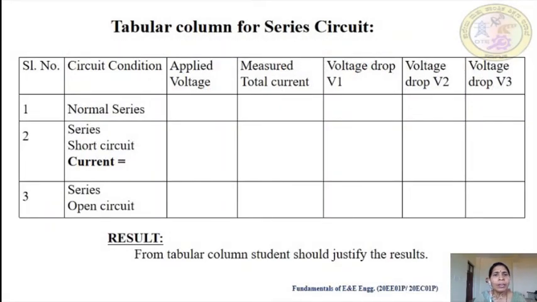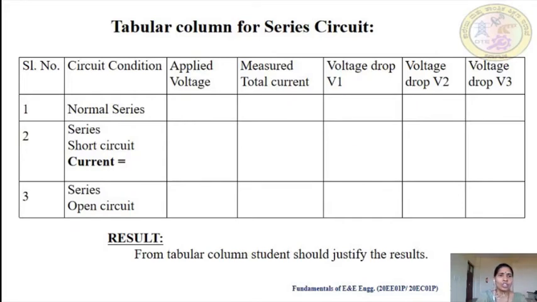Here we are showing the tabular column for the series circuit. Circuit conditions, applied voltage, measured total current, voltage drop V1, voltage drop V2, voltage drop V3. These are the parameters we have to observe from the experiment.